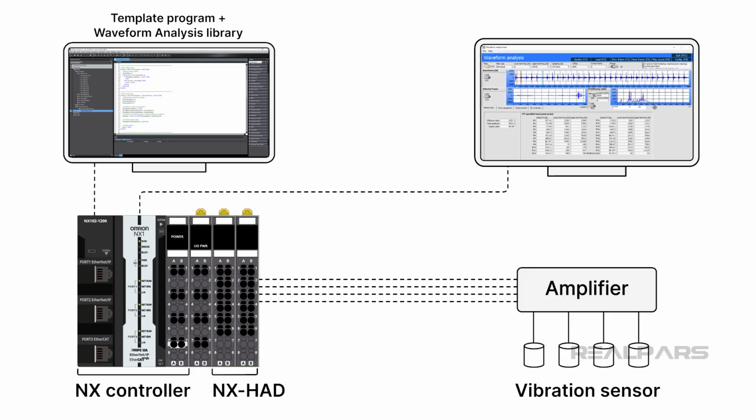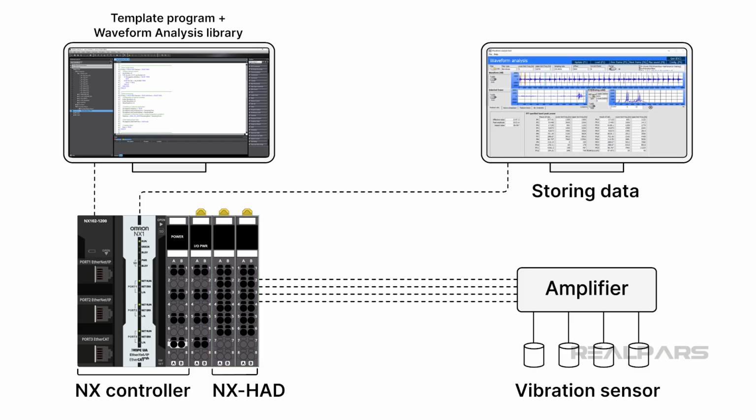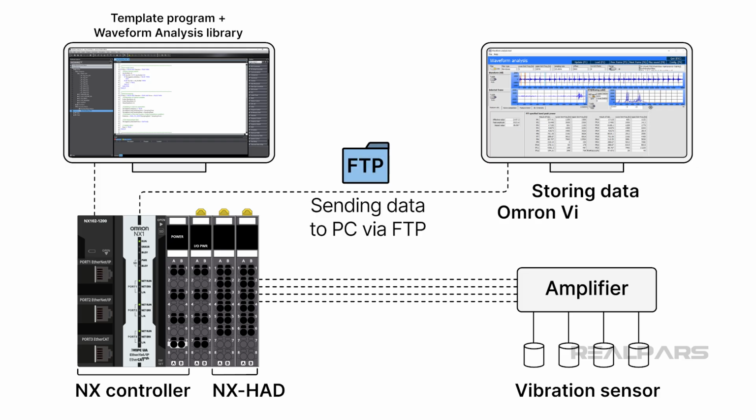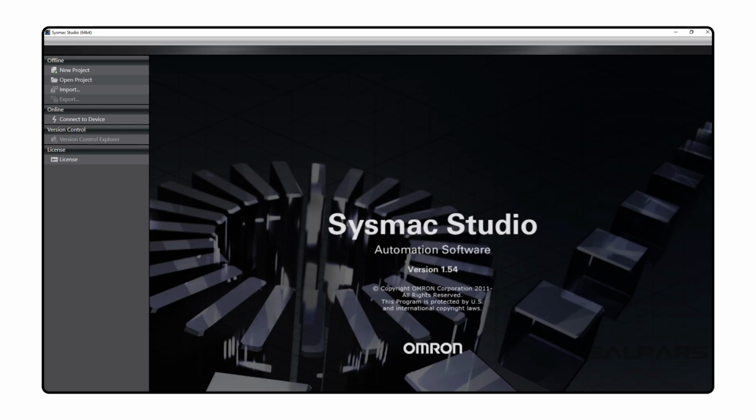An external PC is required to receive and store the vibration data sent by the PLC via FTP. This data is analyzed by the Omron visualization and analysis tool residing on the PC. Okay, let's go back and talk about the Sysmac Studio VA template that links all the parts together to make a usable application.